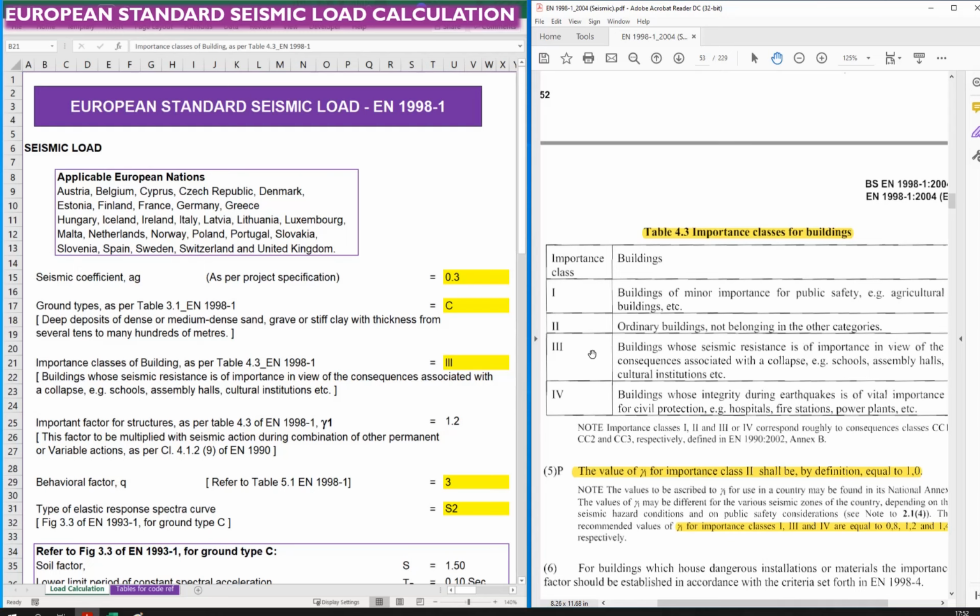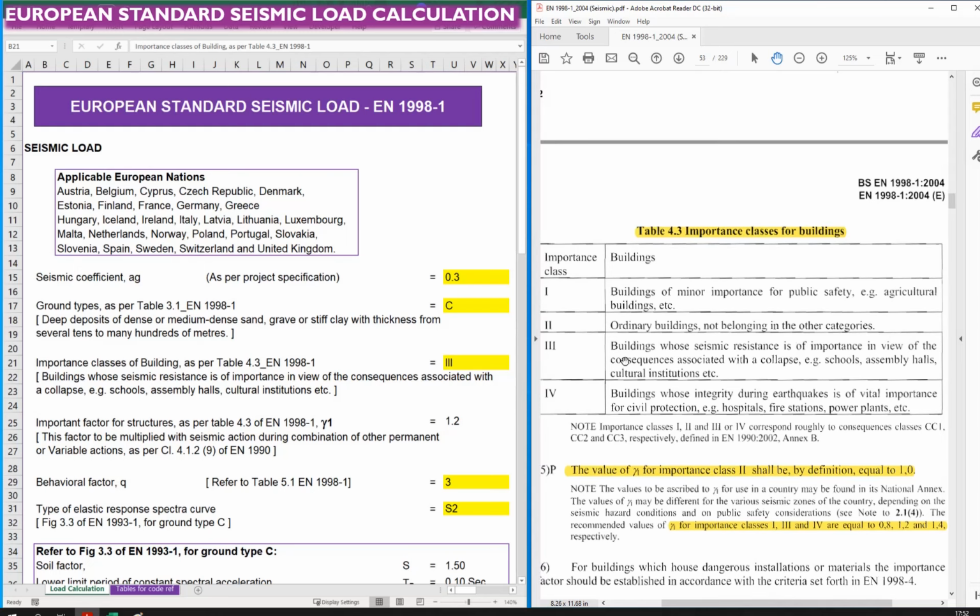The third class is buildings whose seismic resistance is of importance in view of the consequences associated with a collapse, for example schools, assembly halls, cultural institutions, etc. And the fourth importance class is buildings whose integrity during earthquakes is of vital importance for civil protection, for example hospitals, fire stations, power plants, etc.